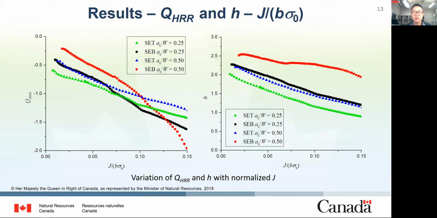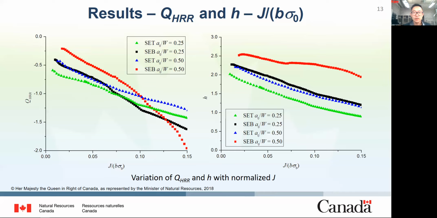Also, the shallow cracked SEB specimens exhibit a constraint condition similar to the intrinsically low constraint deeply notched SET specimen when the loading level is within 0.075. For SEB specimens, the increasingly decreasing value of Q after a certain loading level indicates the significant influence of the global bending stress on the crack tip stress fields, especially for the deeply cracked specimens.